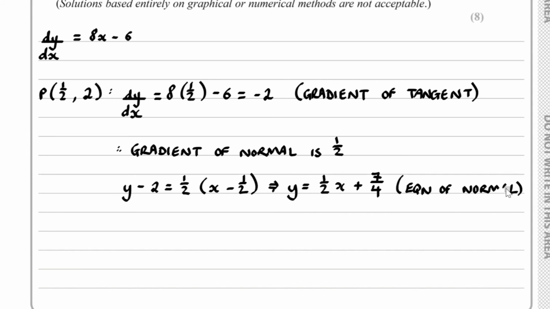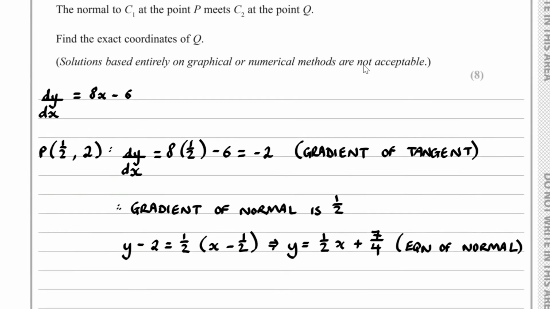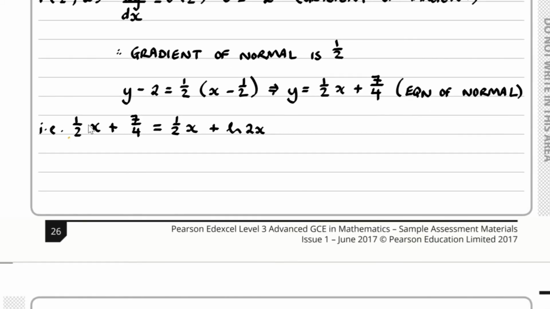Now I'm looking at where the equation of the normal, which is the result here, intersects C2. Now we know the equation of C2, so if I set those equal to each other, I've got 1 half x plus 7 over 4 equals 1 half x plus the natural log of 2x. So if I tidy this up even further, well, you'd recognise the 1 half x's cancel on both sides.